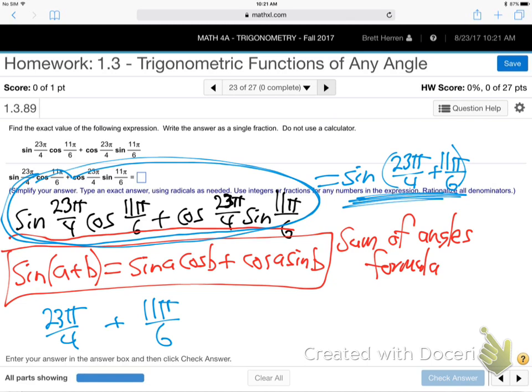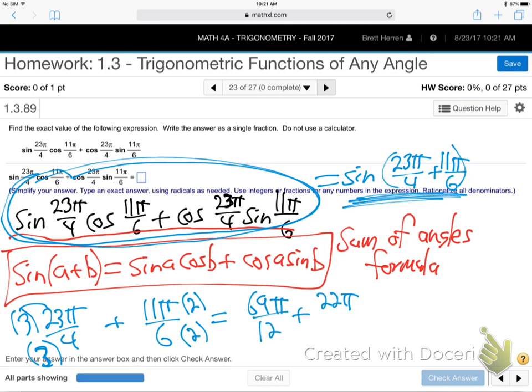Common denominator. So you multiply top and bottom of this one by 3 to make a denominator of 12, and top and bottom of this one by 2. So 3 times 23, what's that? 69 pi over 12 plus, what's this, 22 pi over 12, right? And add that up, what's that? 91 pi over 12.